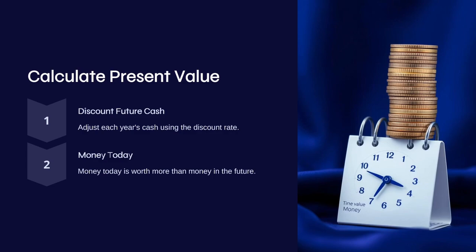We calculate the present value by discounting future cash flows for each year using the discount rate, and that will give you the value of the future cash flow, which will be called the money today. Money today is worth more than the money in the future, we know. So we calculate the present value of all the future cash flows by discounting them using the WACC percentage.